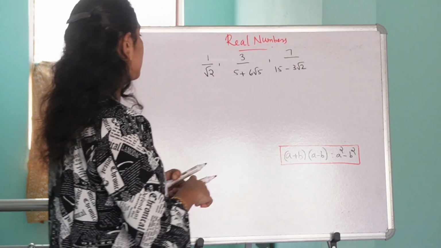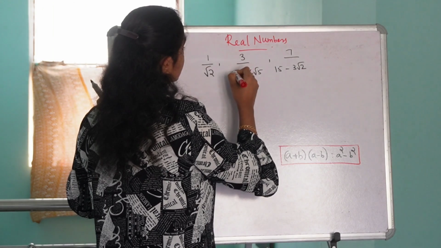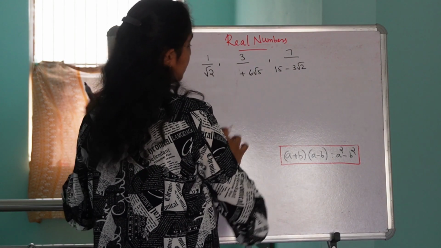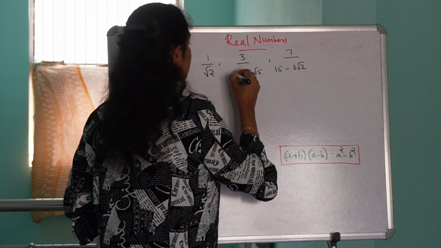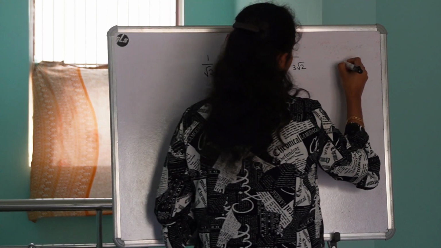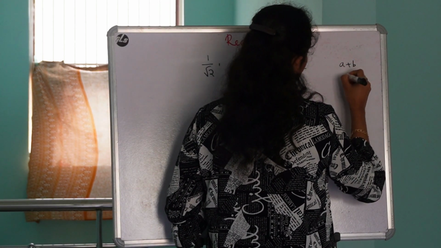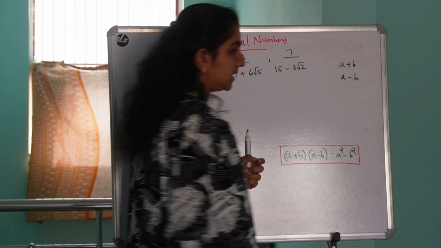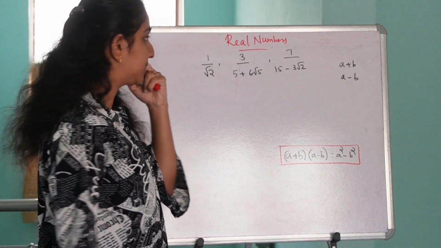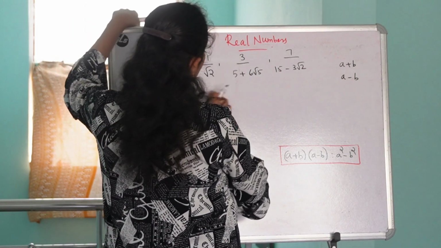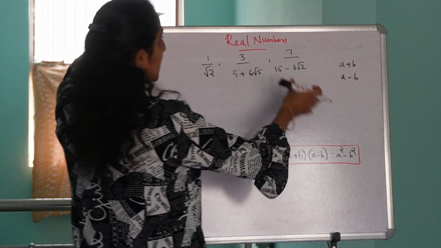Okay, let's see. So here in this identity we have two terms. One is a plus b and the other one is a minus b. Is it clear? Okay. So now let's analyze these examples.